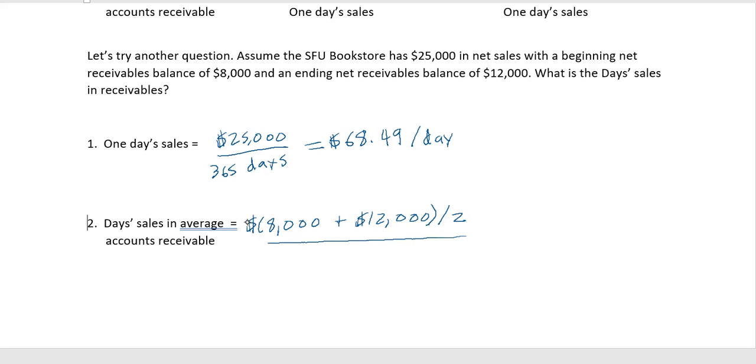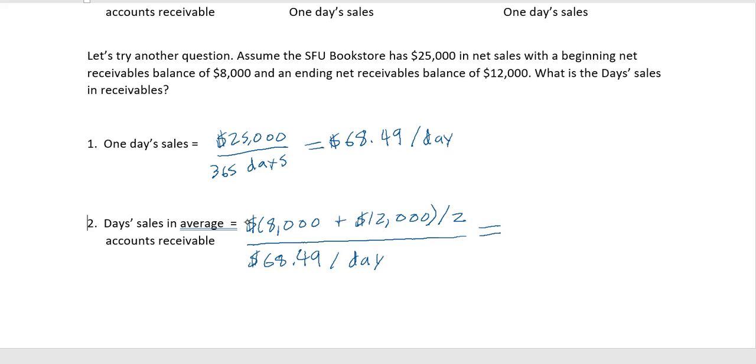So for 1 day sales, you should get 25,000 total net sales divided by 365 days, and you end up with a rate of 68.49 per day. And that feeds into your next step as the denominator.